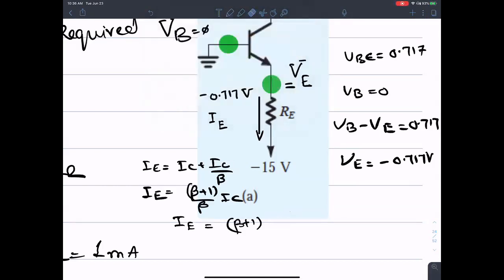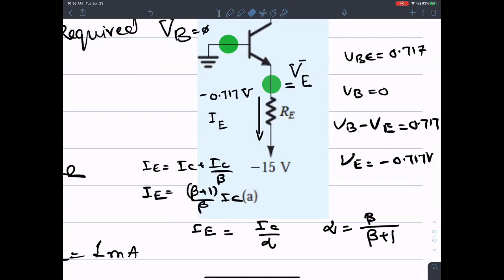So I should be able to calculate the value of IE to be IC by alpha, where alpha is beta by beta plus 1. We saw that number earlier.